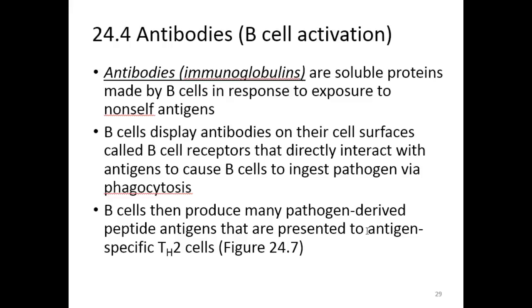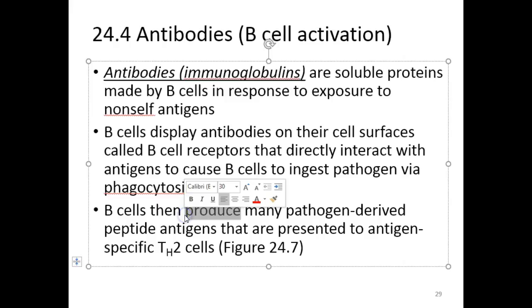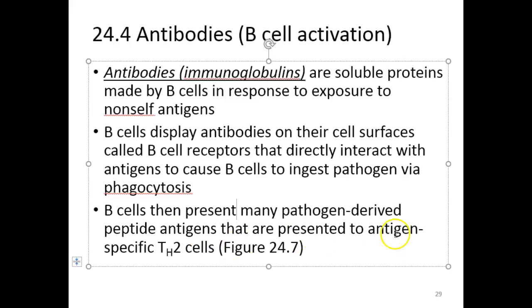In this case, the B cell is going to act as its own antigen-presenting cell to the T cell. B cells can then present many pathogen-derived peptide antigens to antigen-specific T cells.